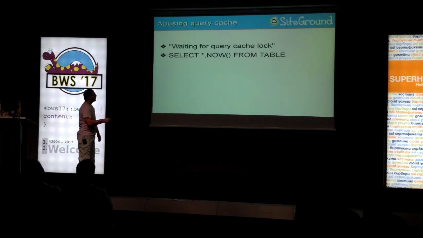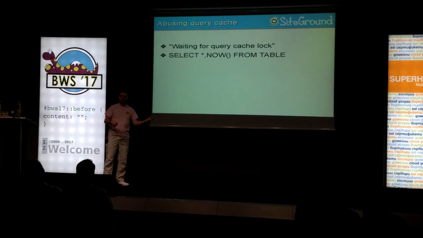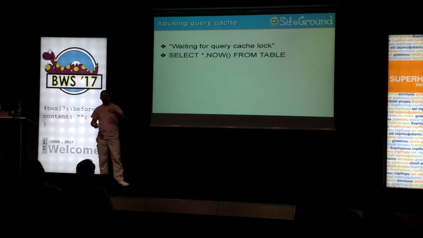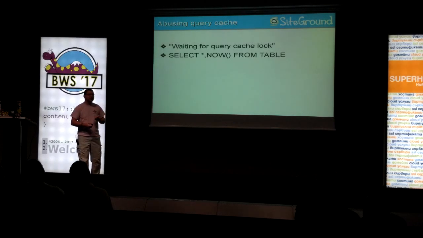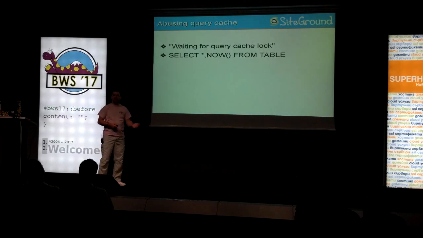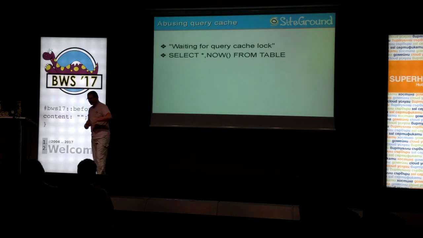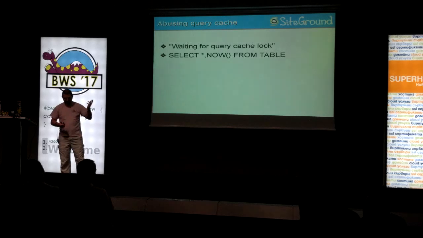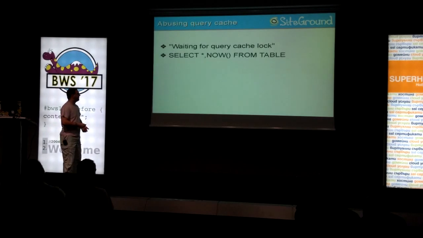So this means that the result of this query will never go to the query cache because the next call to now will directly show you a different number. If MySQL knows that this function that you're using every time is returning different data, it will never try to cache it. This again goes for random, for null, for a lot of functions. I don't remember all of them.